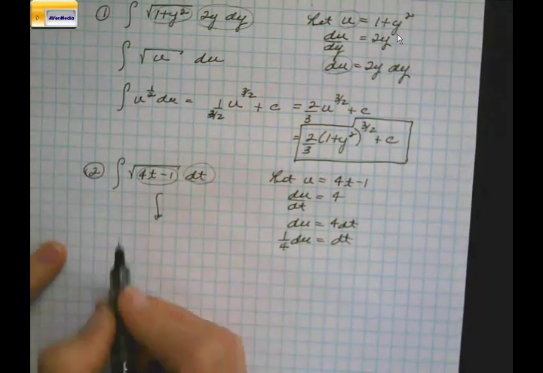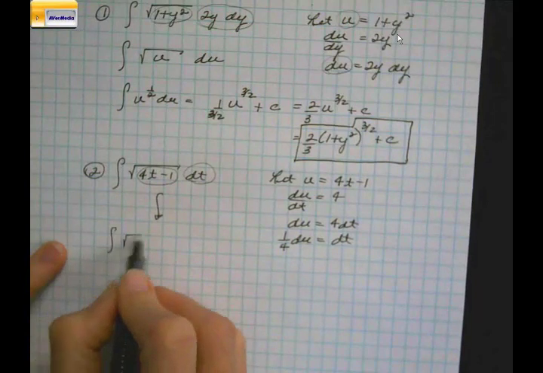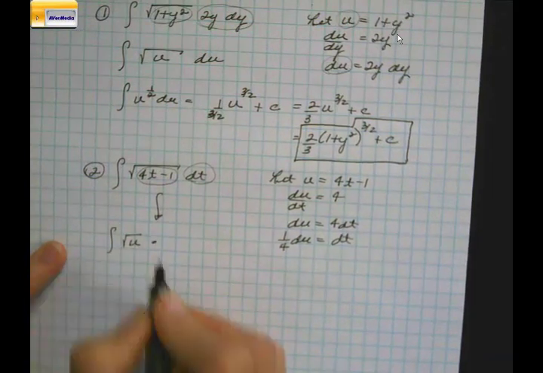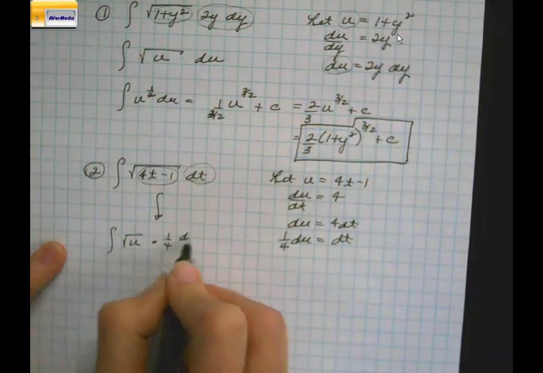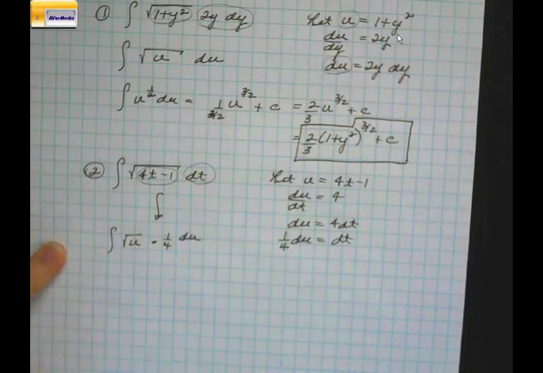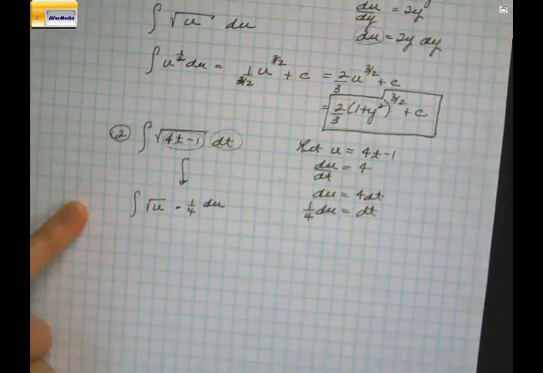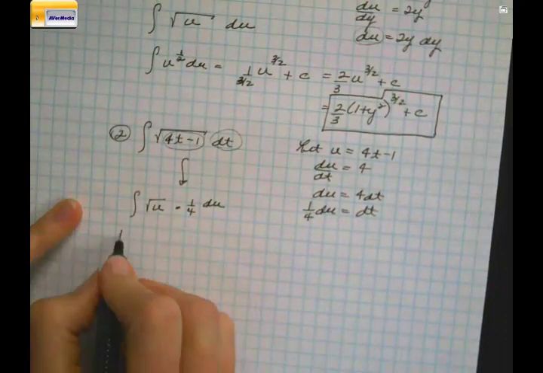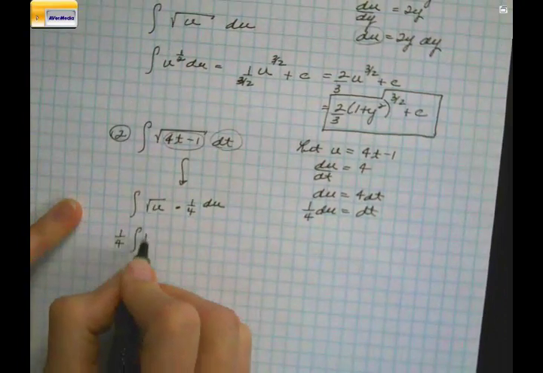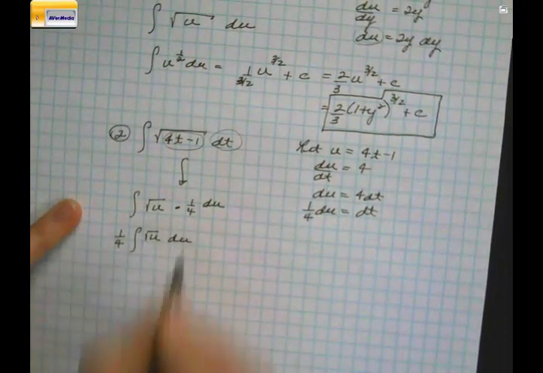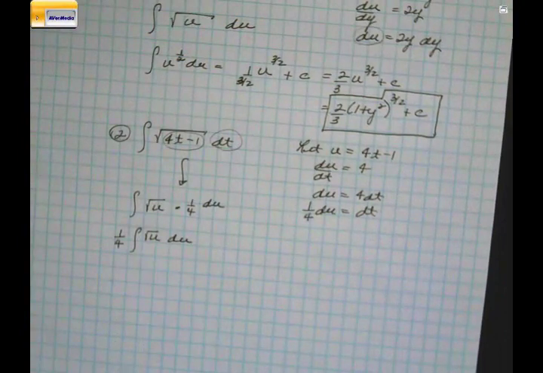So now everything goes into the variable u. So this is the square root of u times dt, which is now 1/4 du. And it's okay if you have a constant like 1/4, because you can just pull it into the coefficient of the entire integral. And now you're ready to integrate quite easily.